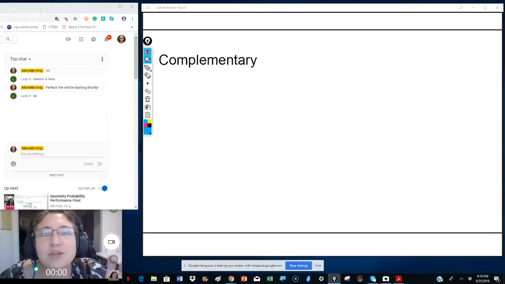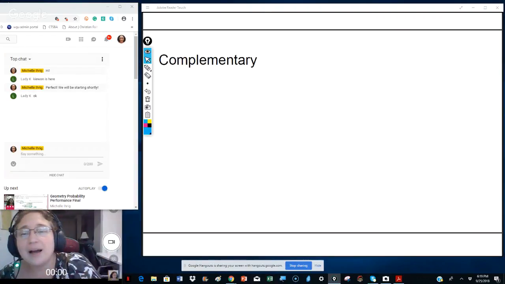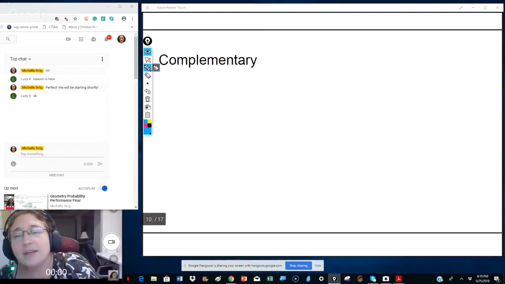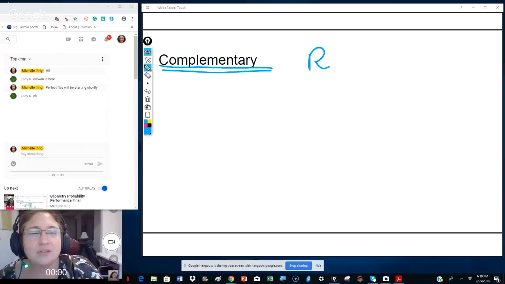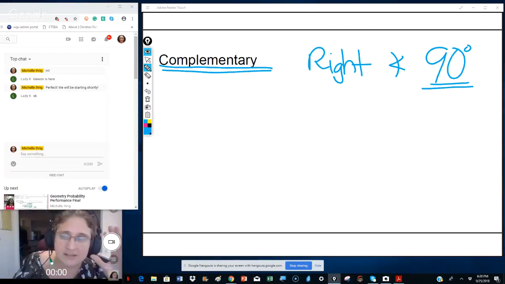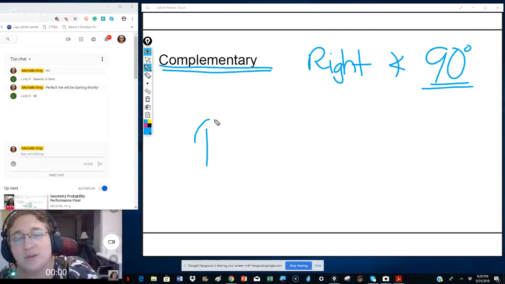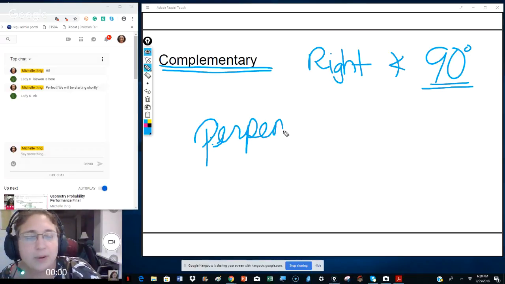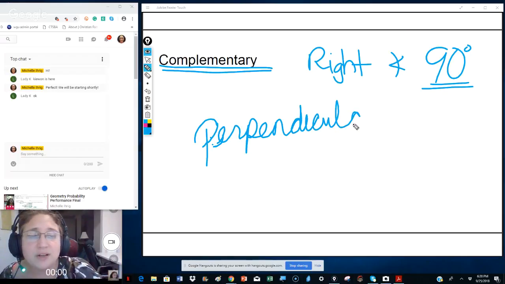Anything that deals with complementary will really have no place in proofs. Complementary angles form a right angle and are 90 degrees. The only time you're going to see complementary is if you see something with perpendicular. If you don't see anything with perpendicular, then you know the complementary is just there to confuse you.